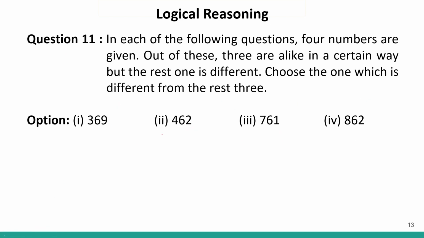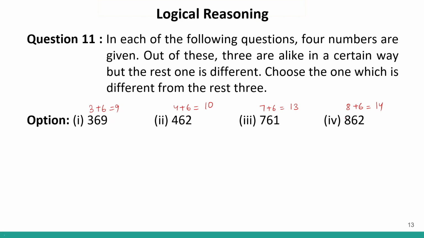Now, if I look over here, 3 plus 6 is giving me 9. Okay. And 4 plus 6 should give me 10. 7 plus 6 should give me how much? 13. And 8 plus 6 should give me how much? 14. So this is also not the correct logic. This logic follows only for option number 1.